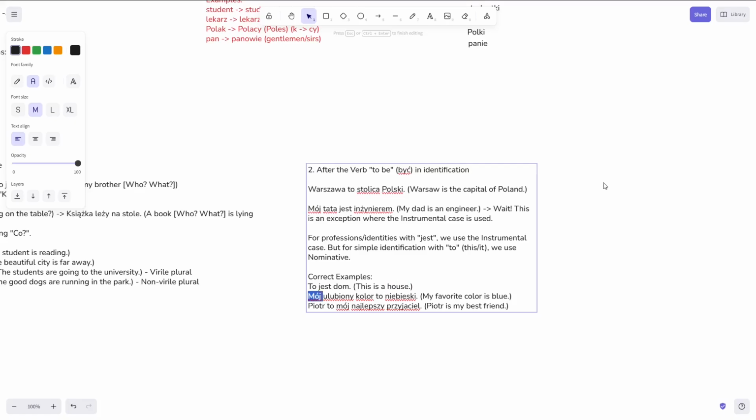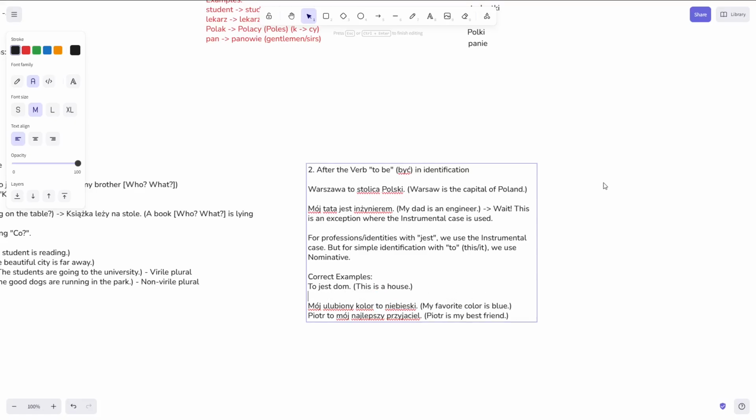And the last two. Mój ulubiony kolor to niebieski. My favorite color is blue. Okay? My favorite color is blue. Again, this is not a sentence. Why? Well, because there is no verb here. To means this or it in Polish. So there is no jest anywhere. But it is a natural way to say that something is something.